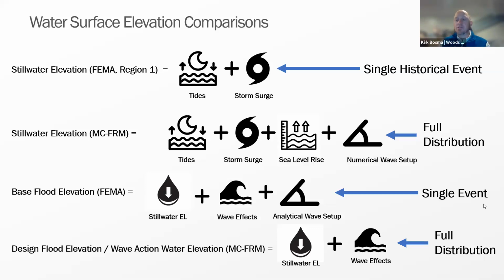Obviously, FEMA is just a single transect approach to things. MC-FRM is a full 2D look at where the physics of water moves. And so really comparisons are not warranted, frankly, but here's what those definitions mean when you start thinking about still water versus base flood versus design flood or wave action water elevation.